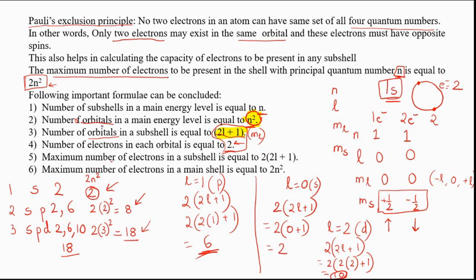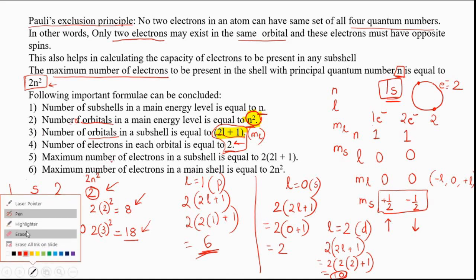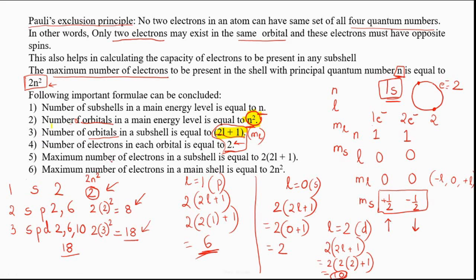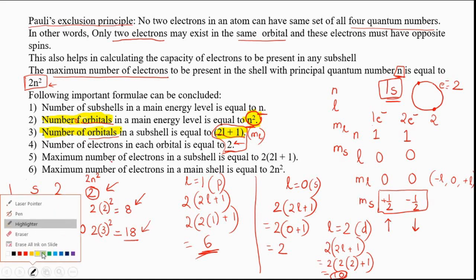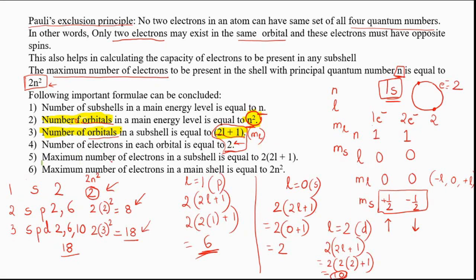So there are two formulas for the number of orbitals: one is n squared and the other is 2L plus 1. One is using the principal quantum number, the other is using the azimuthal quantum number. Both formulas can be used for determining the maximum number of electrons.